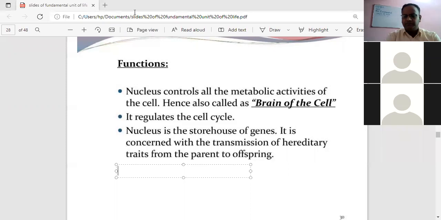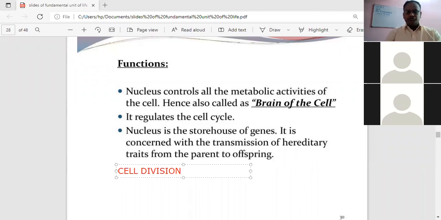Shripati, you can unmute yourself. The chromosome is visible during cell division. Very good, well said, Shripati. Yes, definitely correct. At the time of cell division, the chromosome is visible.